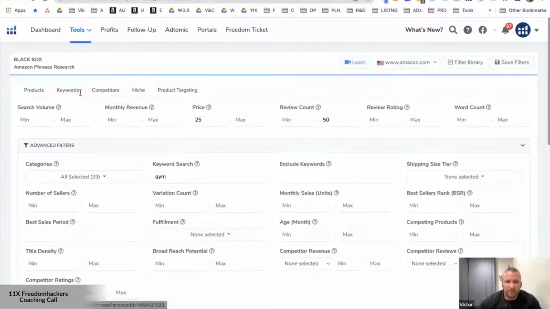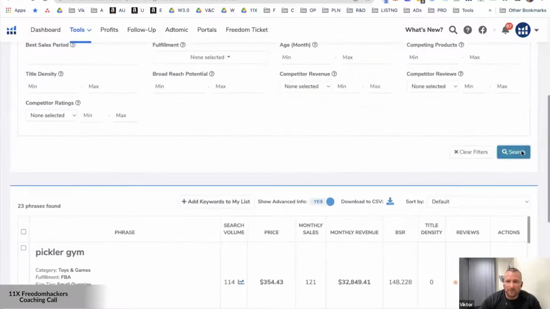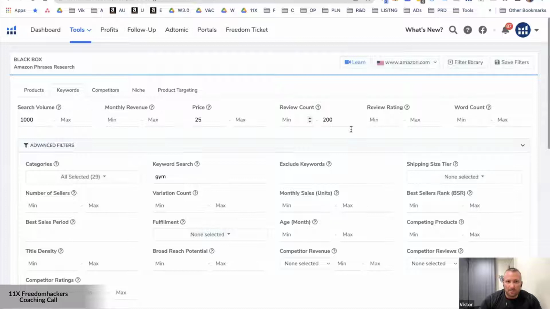And basically what we want to find is keywords where the average reviews are 50, the average per whole first page, right? Let's put it like this. So it's at least 1,000.